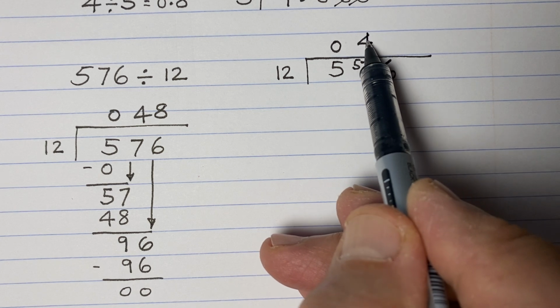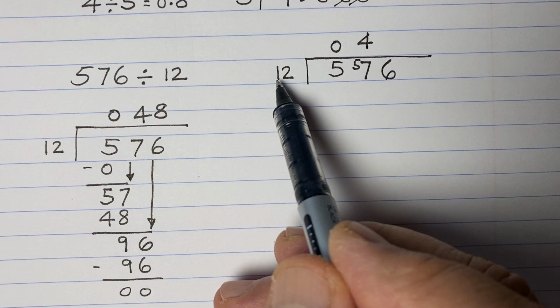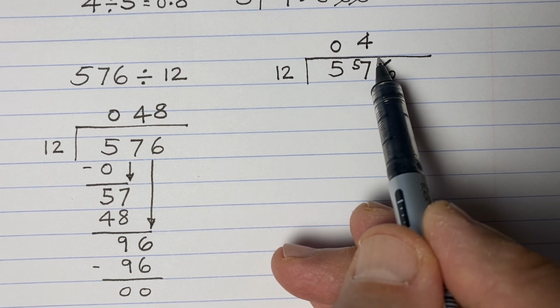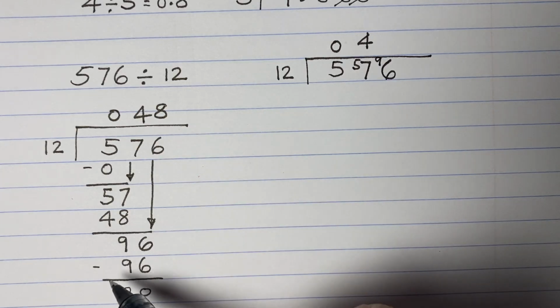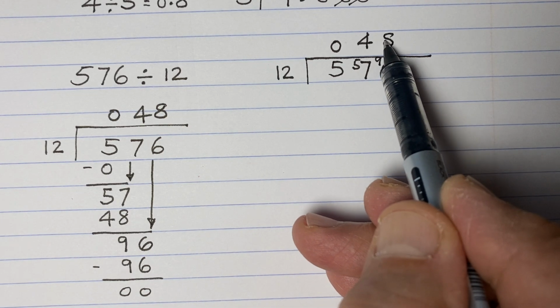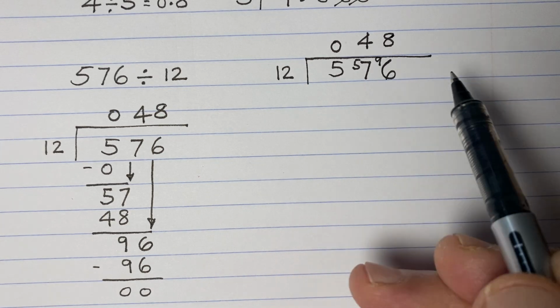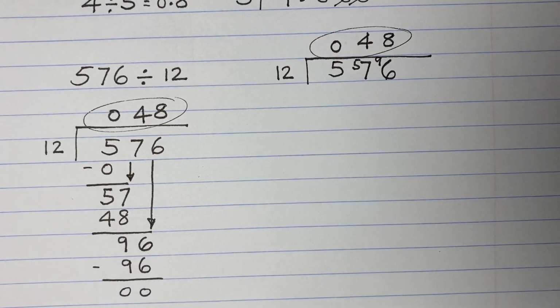So in your head, you have to work out 4 times 12, which is 48, and the remainder would be 9, to put it there. Here you don't see the working out, here you do. And 12 into 96, 8 times. 8 times 12, 96, and nothing left. So both answers are the same.